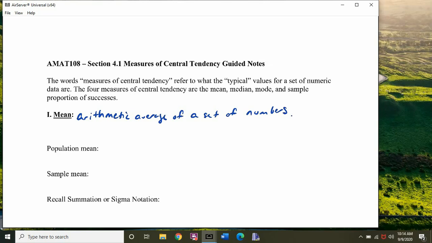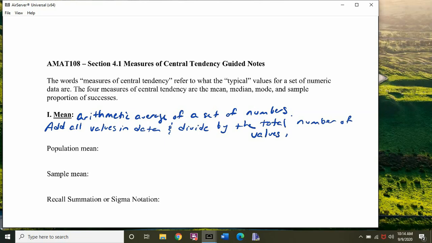We add up all the numbers in our data set and divide by the total number of values there are. So the arithmetic average of a set of numbers: add all the values in the data, and divide by the total number of values in the data.